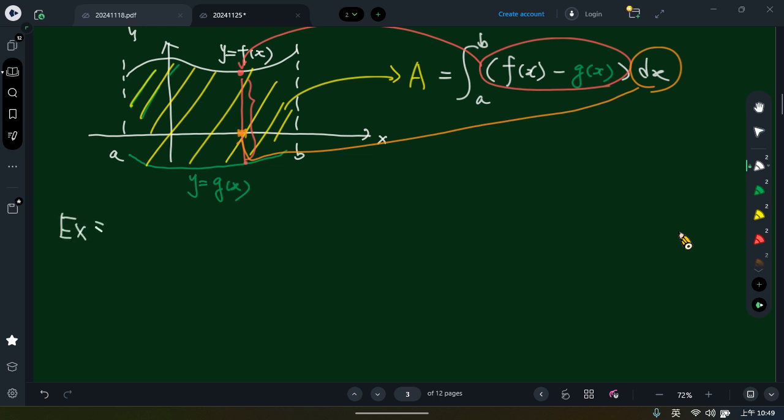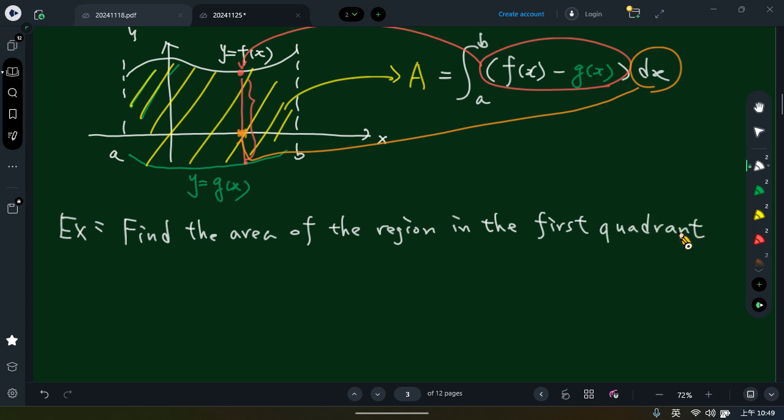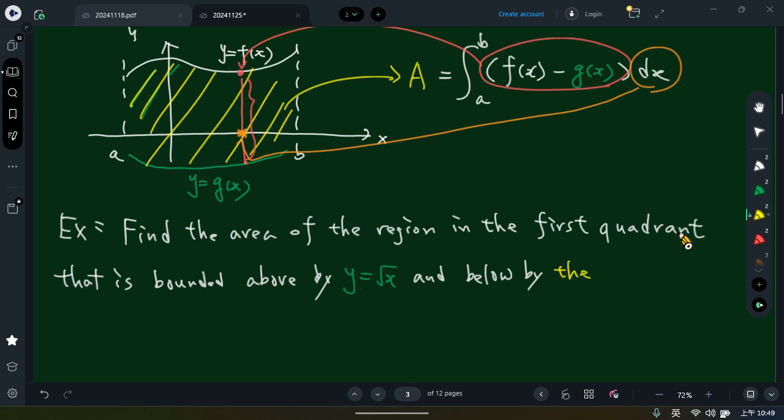Please find the area of the region in the first quadrant that is bounded above by y is equal to square root of x, and below by the x-axis and the line y is equal to x plus 2.